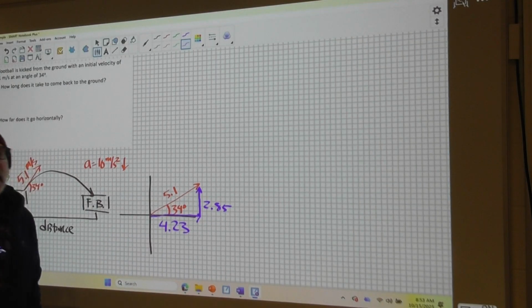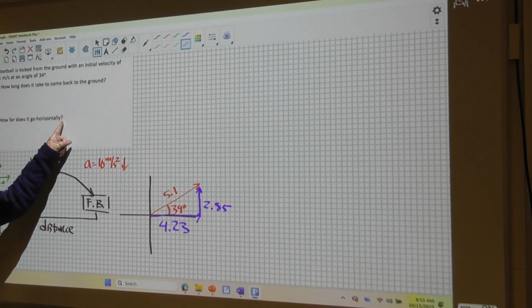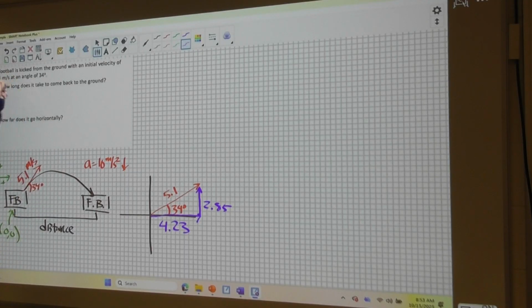2.85, okay? And now, there's no more vector quantities that are at any angles, so now we just launch back into the kinematics. Well, what do we do? Because it's a projectile motion problem, and because we're trying to figure out horizontal distance from a known height, launch speed, and launch angle, we're always going to do the same thing first, which is find out how long it takes to go up and come back down.